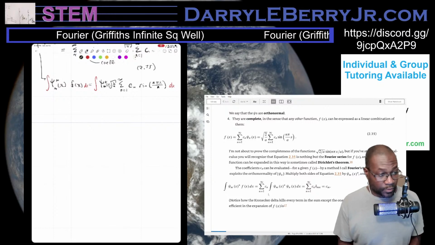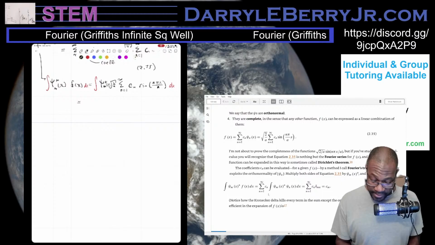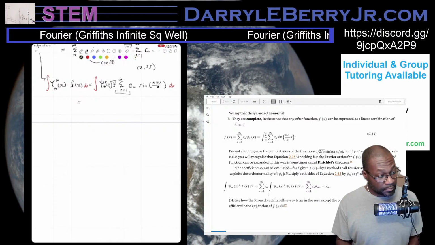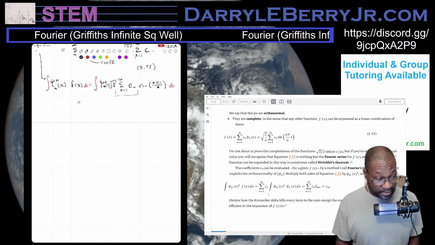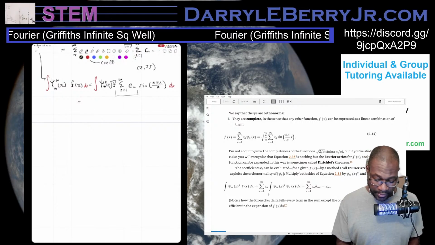Let me just move things around a bit. So basically this summation is summing the C and summing the psi as well. It looks like we could just bring that out.